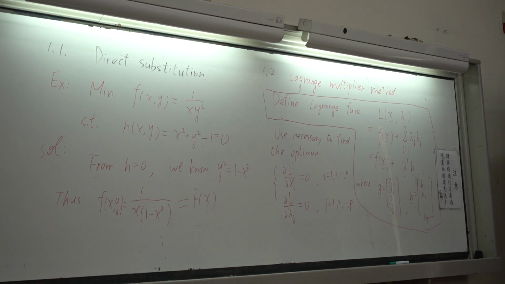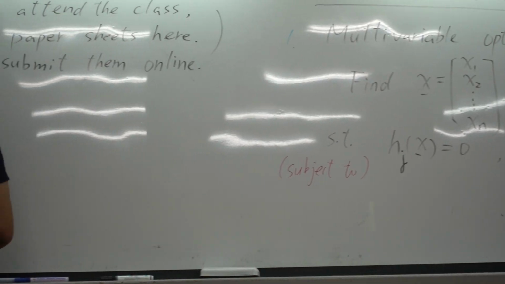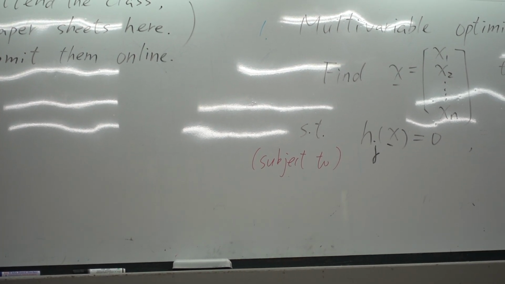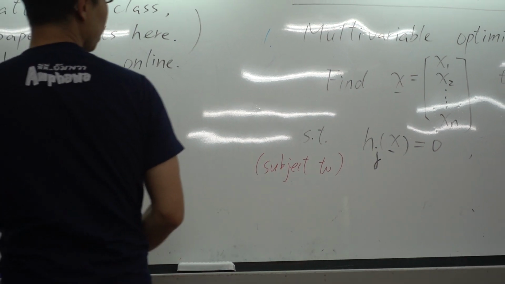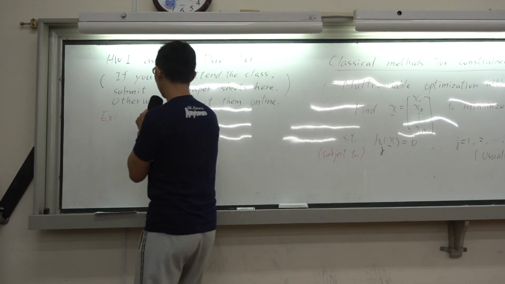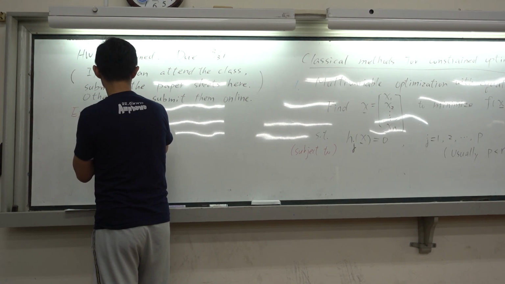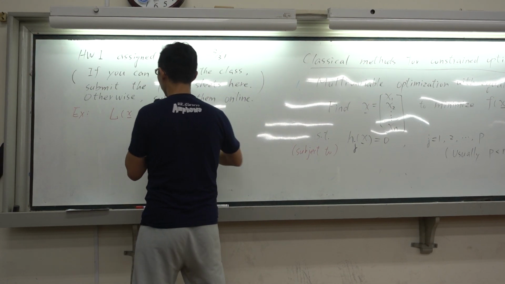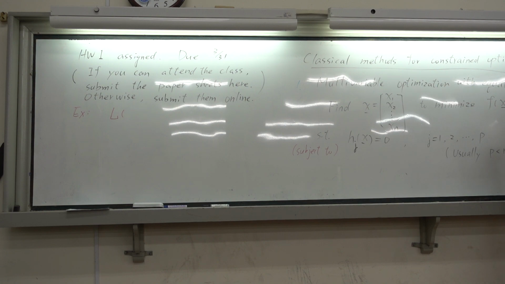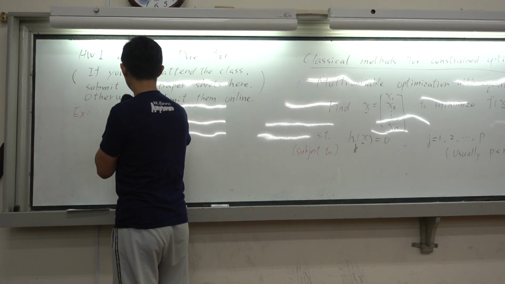Anyways, if you are not sure how this works, let me give you an example, basically the same example. Now let's define L. We have x, y variables, and there is one constraint. So L is a function of x, y, and lambda.